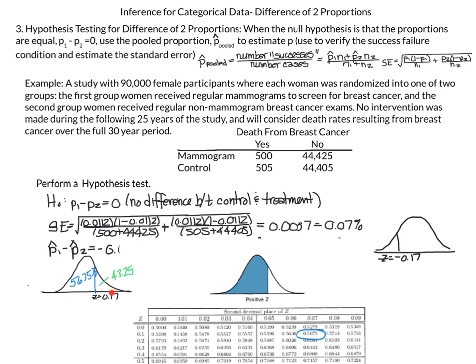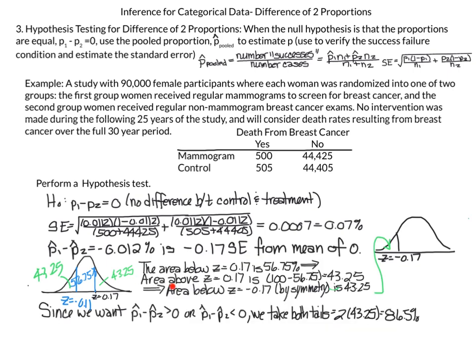Now, this curve is symmetric. That means the area below z equals negative 0.17 must also be 43.25, right? Because now we're using symmetry over here. If this is z equals negative 0.17, by symmetry this is also equal to 43.25.